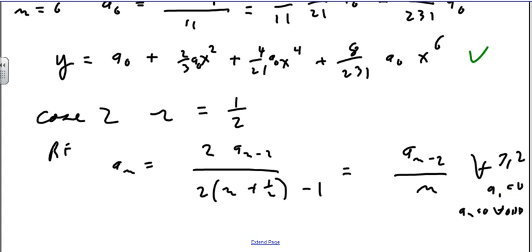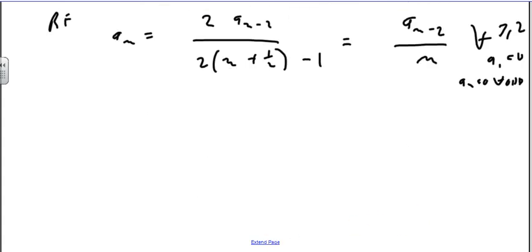Alright, that being the case, we have n is equal to 2. a2 is equal to 2 a0 divided by 2. That was good. Looked at the wrong one.